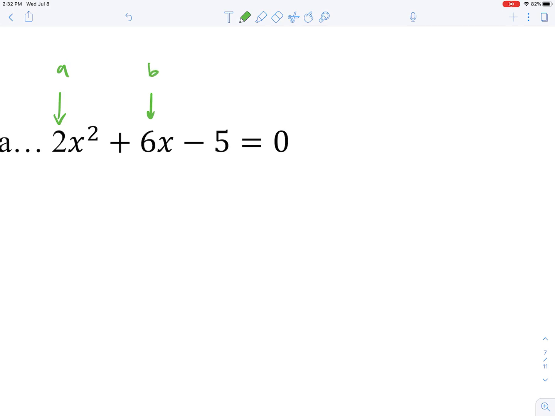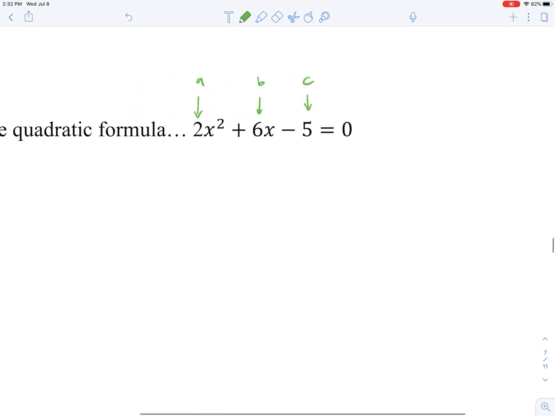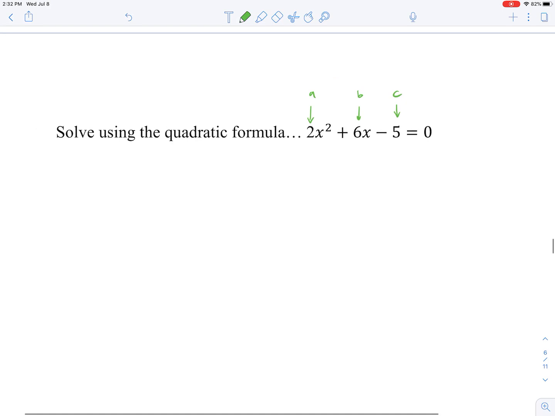Okay, so for using the quadratic formula, I'm going to identify a, b, and c. 2 is a, 6 is going to be b, negative 5 will be c.